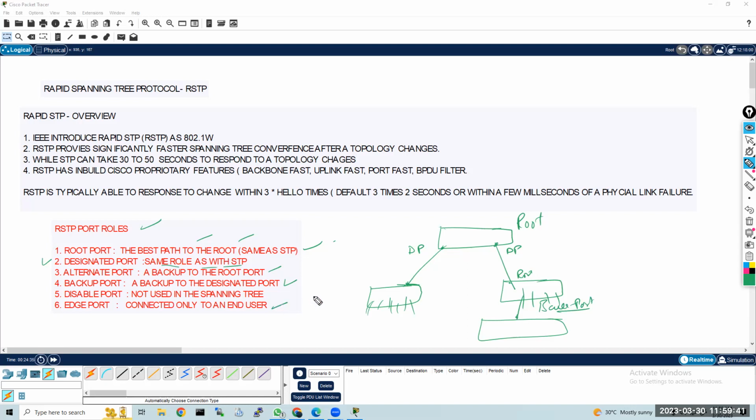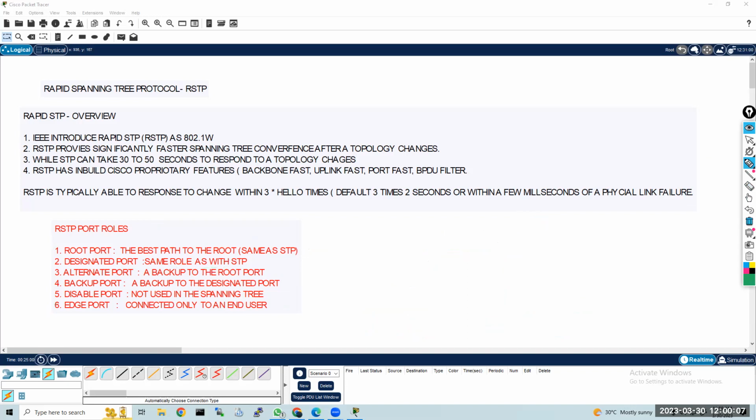An edge port is a port connected to any client, maybe your PC, your laptop, or any server. That is called your edge port.